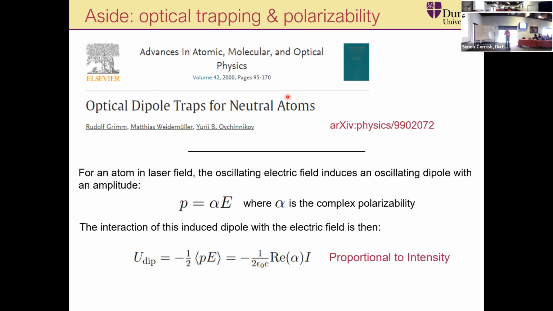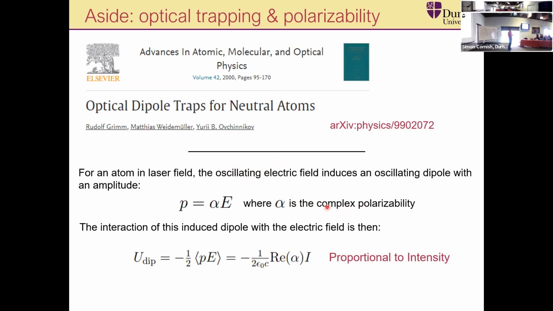As they explained in a very high-level hand-waving way in this nice, useful paper, you apply the optical light, and we induce a dipole in the atom, and the size of that dipole depends on this parameter of polarizability.